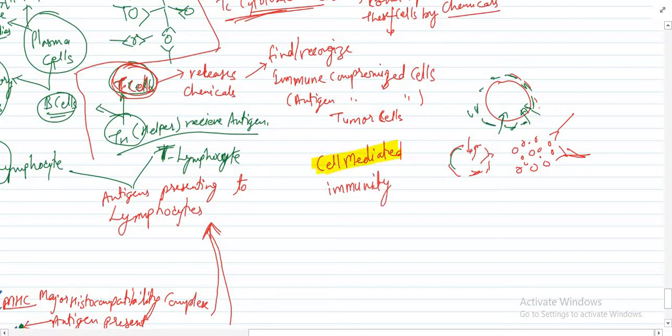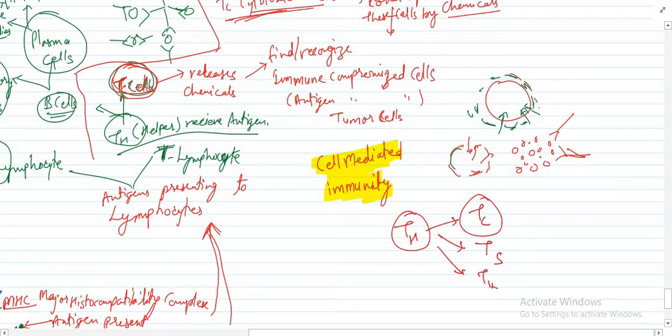Because they contain lots of different types of cells, cells releasing the cells. As you can see, Th receives the signal, then the T cell gives the signal to the Tc cell, and they start proliferating and differentiating into other T cells: the suppressor cell, the killer cell, the memory cells.